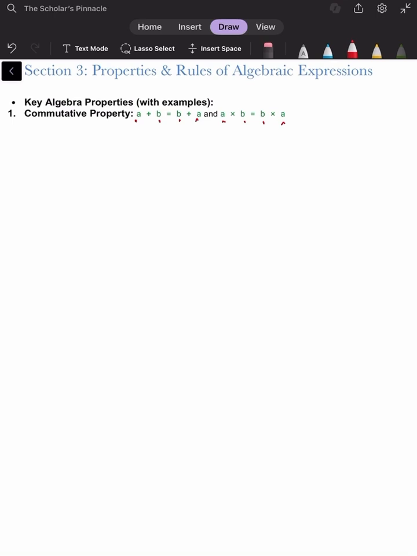Let's take, for example, 4 plus 7 is equal to 7 plus 4, and they give the same answer, 11 equals 11. We can also say 4 times 7 equals 7 times 4, and they both equal 28.